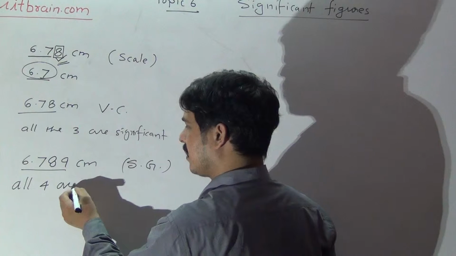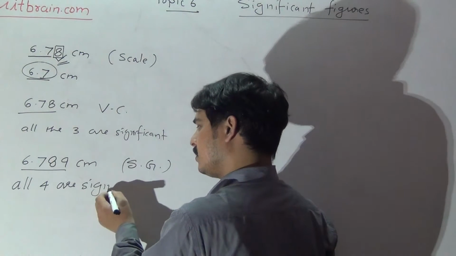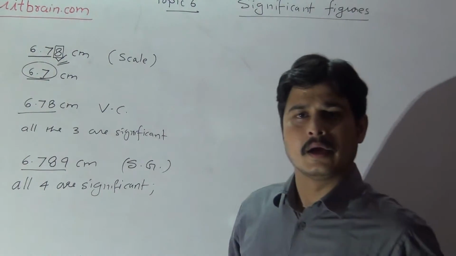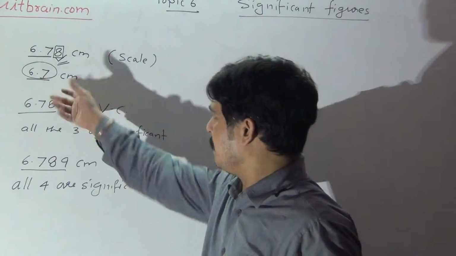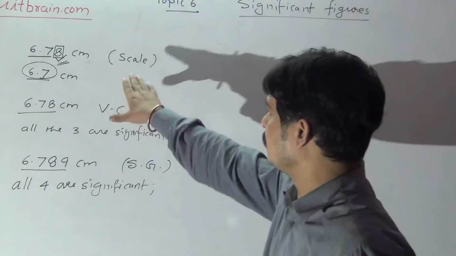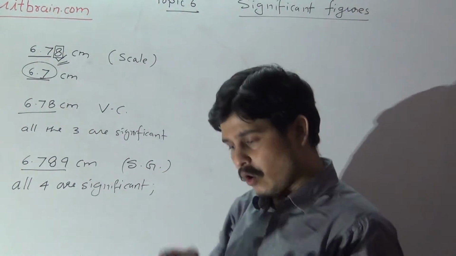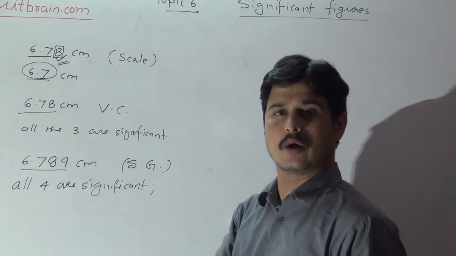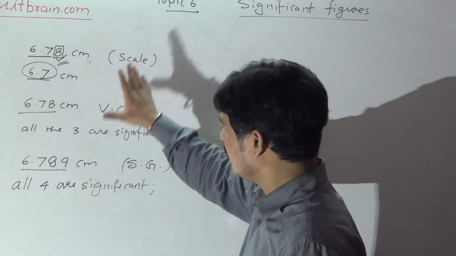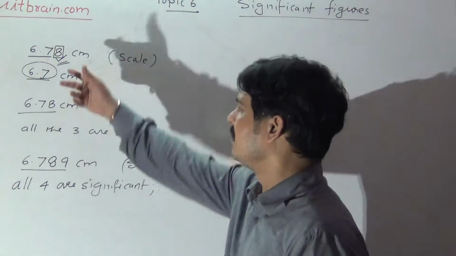All four are significant. So if we are discussing about a measurement and we know what is the device by which this measurement has been done, then on the basis of least count of the device, we can explain the number of significant figures in our answer.